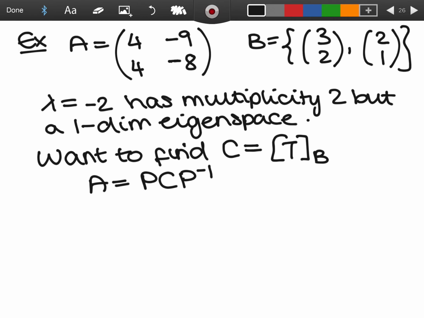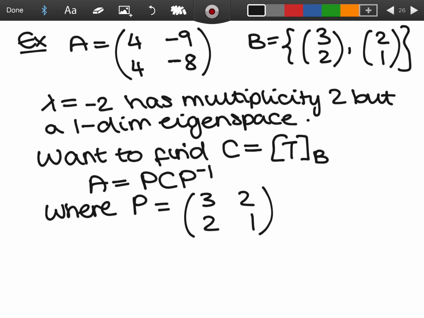Okay, now P is made up of, the columns of it are just the vectors that are in the basis B. So P is 3, 2, 2, 1. And I want to find C. Well, we know that P is an invertible matrix. We know that it's made up of basis vectors, hence its columns are linearly independent. It's a square matrix, hence it's invertible.